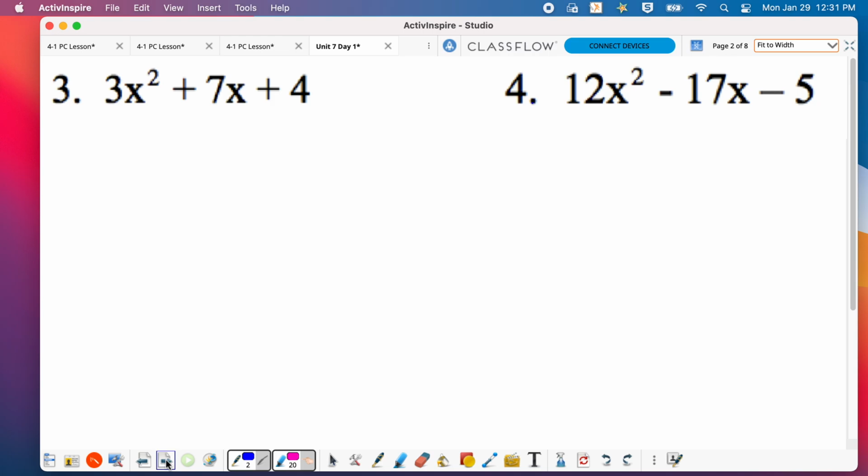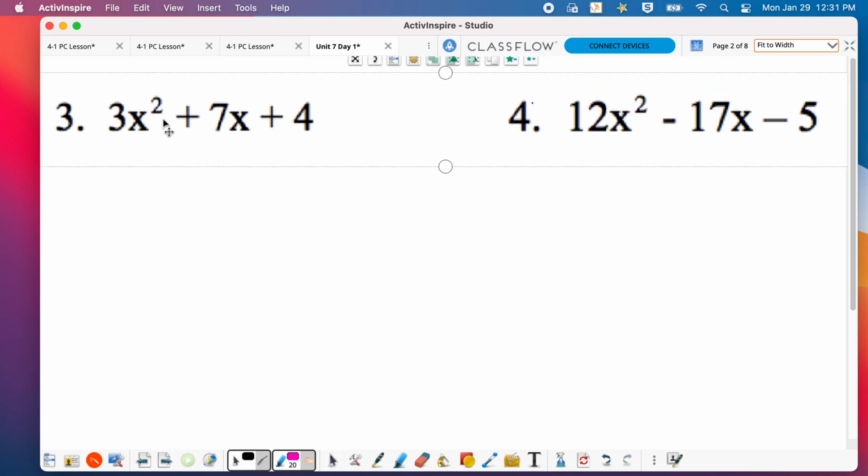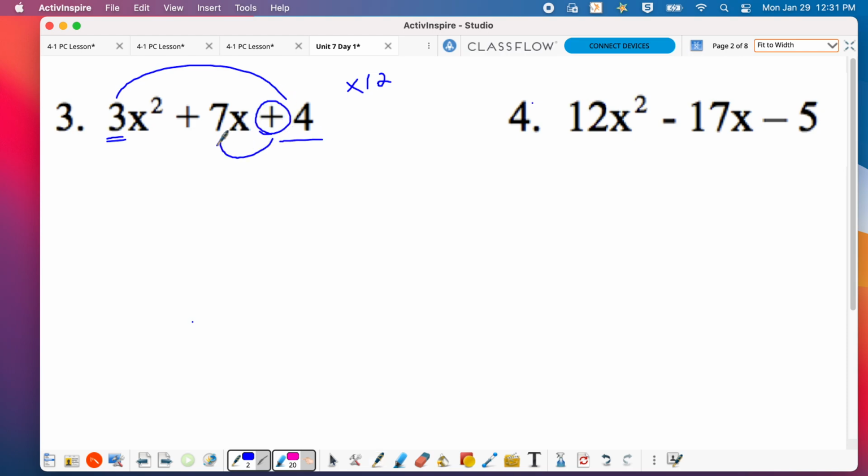All right, this next one is a little bit different because it has that leading coefficient. When we have a leading coefficient, we multiply the coefficient and the constant in the back together and get 12. I'm going to look for two numbers that multiply to give me 12, and because my last term is positive, add to give me 7.